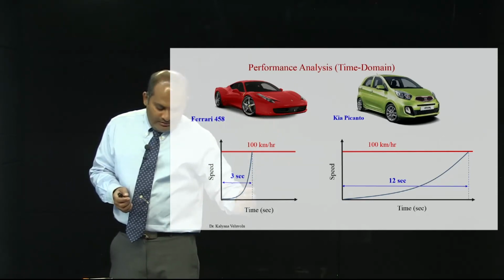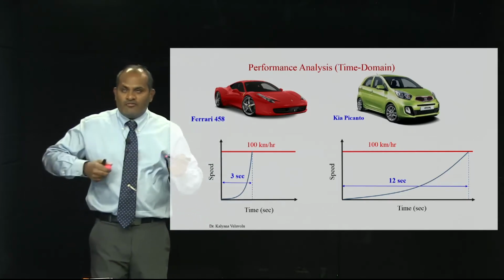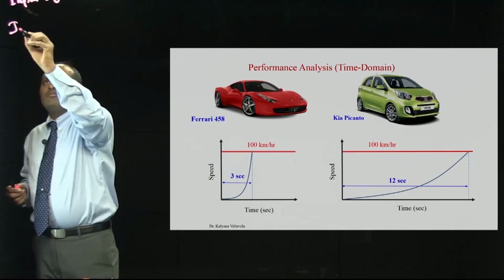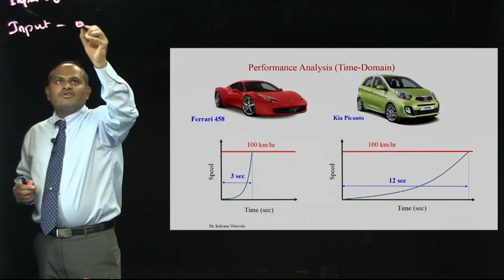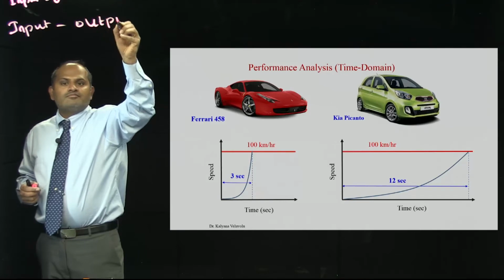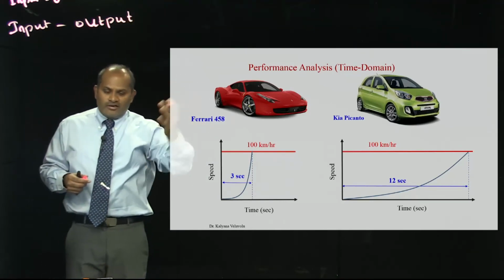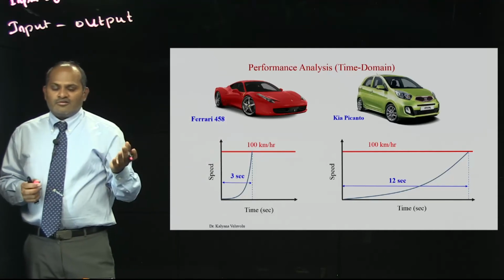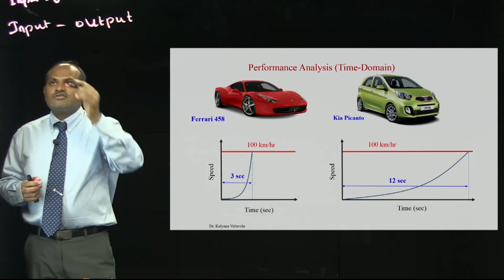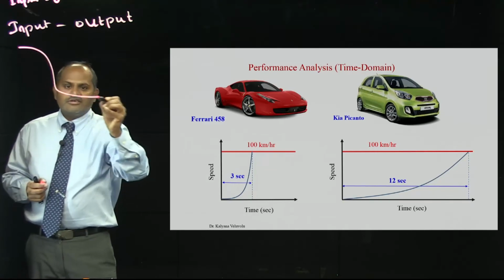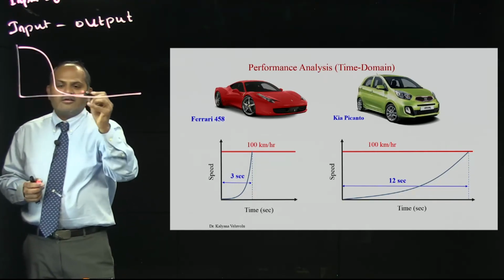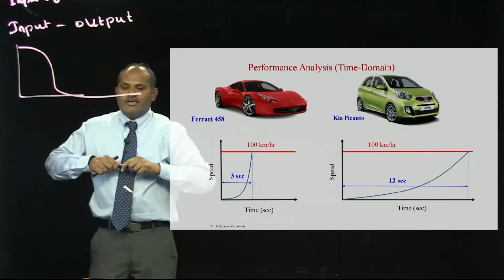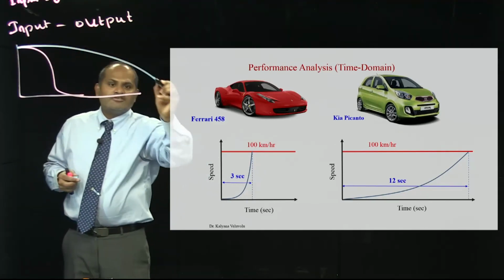If we mark the error, I am going to get different graphs. For a Ferrari, if I find the input minus output, so if I try to calculate the error, how does the error look? So, the error looks this way for a Ferrari, and if you are looking at the Kia Picanto, the error graph is something bigger.